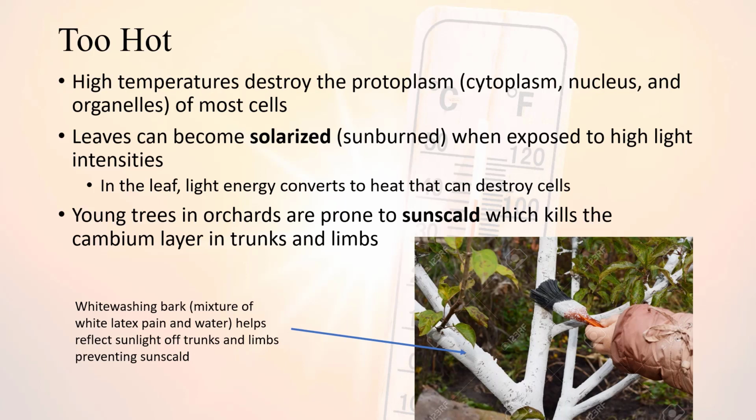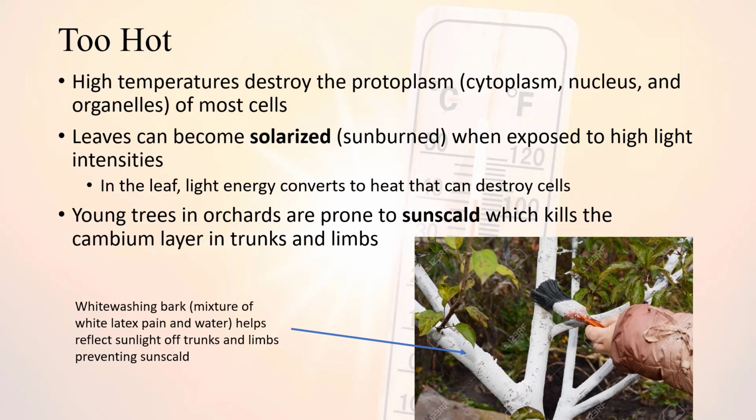And this is not only a problem with leaves, in the form of leaves being solarized, but we can see that in the stem tissue or the cambium layer, especially in young trees, right?